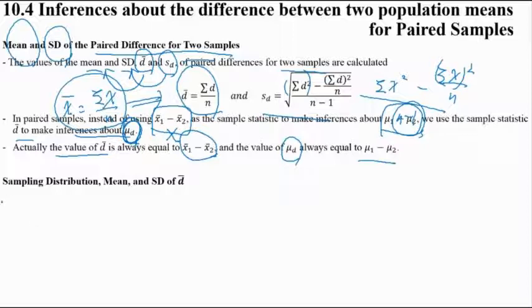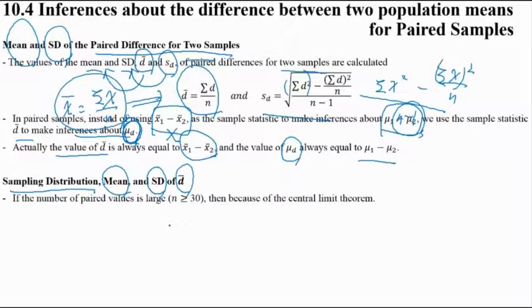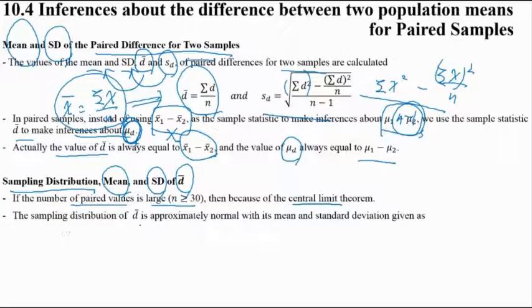So the sampling distribution of the mean and standard deviation of D bar: if the number of pair values is larger than 30, with the central limit theorem, D bar is approximately normal, with mean mu D and standard deviation sigma D divided by the square root of the sample size. Do you remember the central limit theorem?